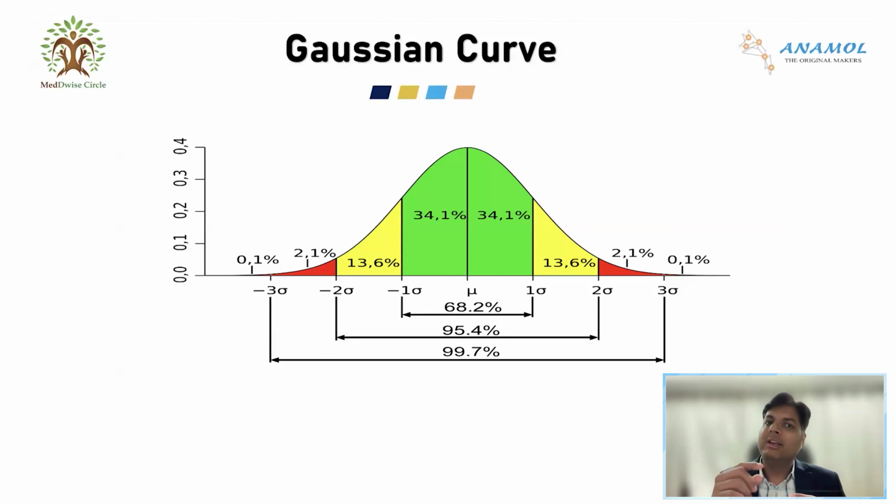From the mean, I will calculate the standard deviation. I will observe that from the mean, plus minus 1 SD is the range in which 68% of the males are present. That means the height of the males is between plus minus 1 SD. And 95% of the heights are between plus minus 2 SD.